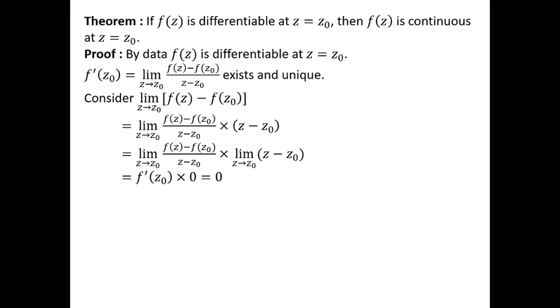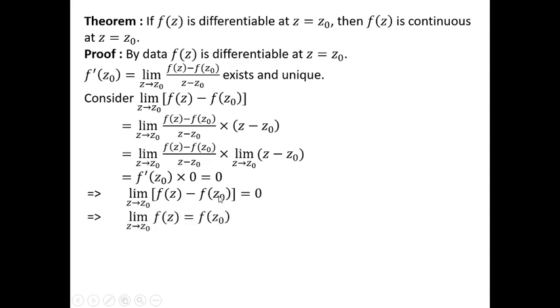That is, limit z tends to z₀ of f(z) minus f(z₀) is equal to 0. Again, by the property of limit, limit of f(z) minus limit of f(z₀). Here f(z₀) is a constant. After applying the limit, we get the same value, that is f(z₀). Therefore, this can be written as limit z tends to z₀ of f(z) is equal to f(z₀).